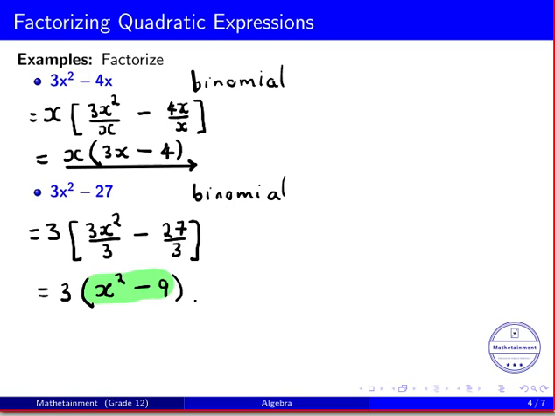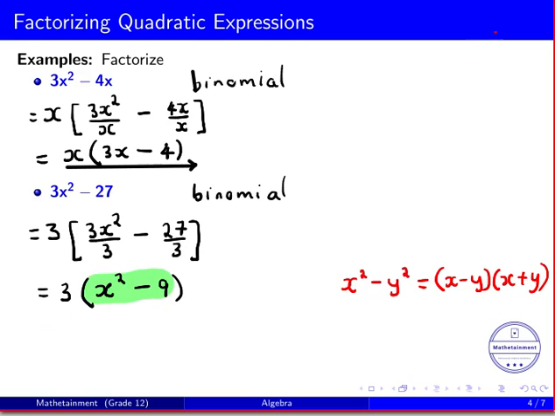So you have x squared minus 9, and the minus means the difference. So this is the difference of two squares, which we may have heard about before. When you have an expression of the form x squared minus y squared, the difference of two squares, we factorize it like this: x minus y and x plus y.